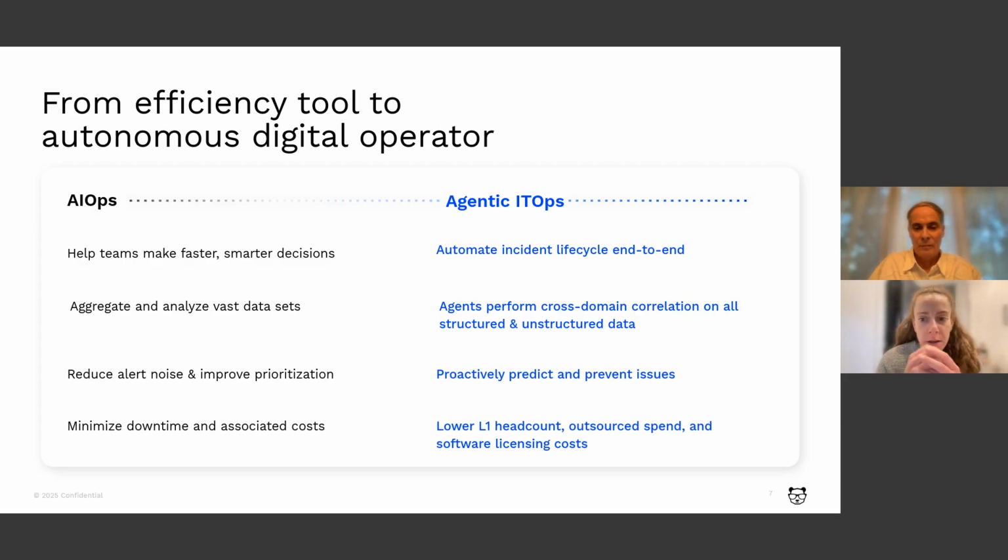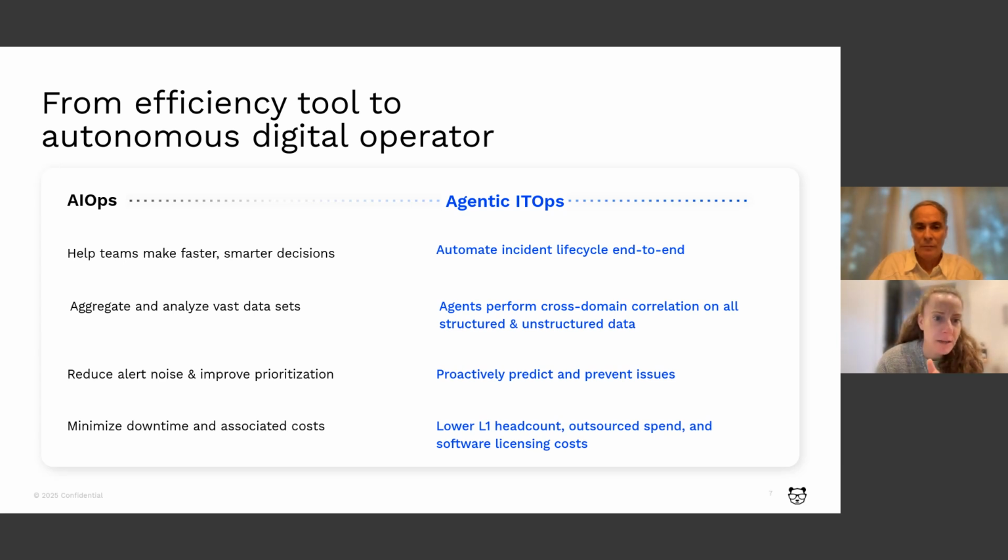Which is important. Using machine learning, using AI-based analysis. But when you start to leverage agents across all of your different data sets and knowledge to retrieve information, analyze it, suggest actions on behalf of your teams, you're really starting to rethink the incident life cycle and start to automate that from end to end.